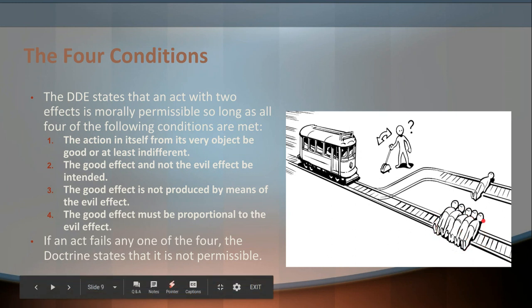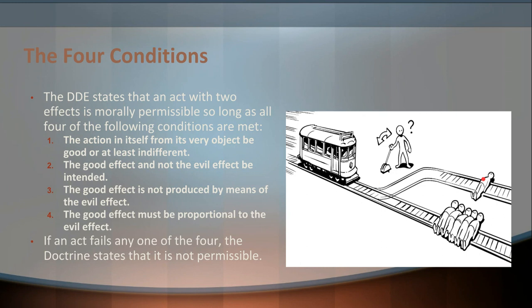Saving 5 lives is worth losing 1. But if we were killing 5 to save 1 person, this no longer is the right way around. It's weighed too heavily in favor of the bad result. We're not getting enough good to make it worth allowing the bad to happen.